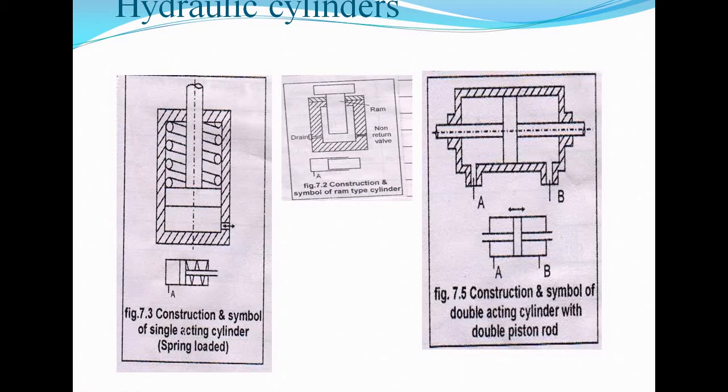This is the piston rod. The piston is fitted against this spring pressure, and this is the port through which the pressurized fluid will come and it will go out through this port only. So this is the symbol. We have only one port through which pressurized oil will pass.